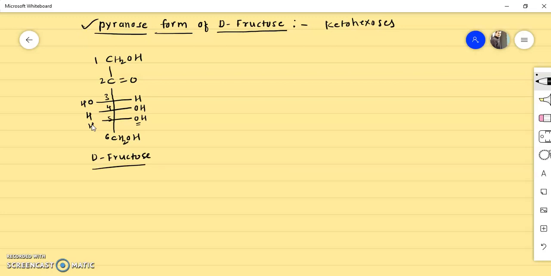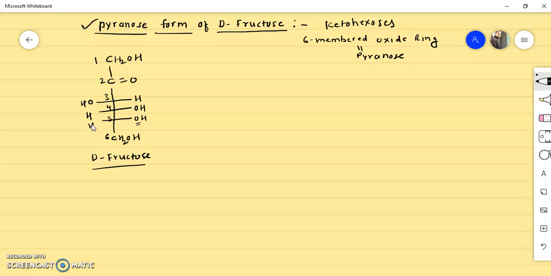Now to obtain its pyranose form, you know pyranose is a 6 membered oxide ring, you know very well now. To draw the pyranose form of this D-fructose, what we need to do, see here.